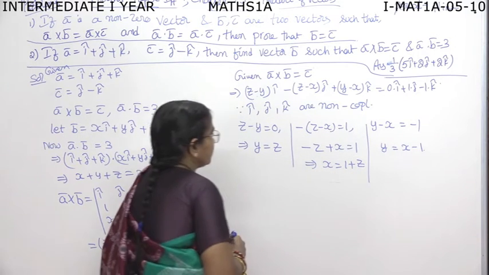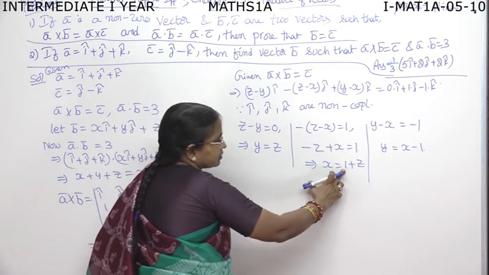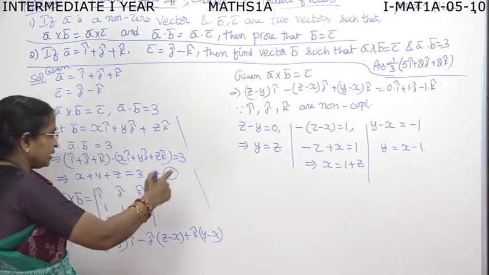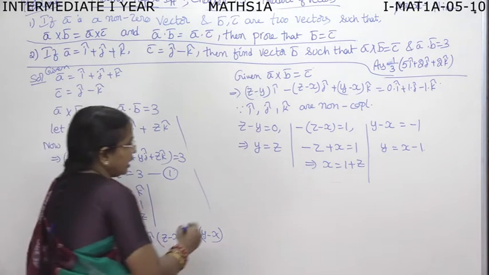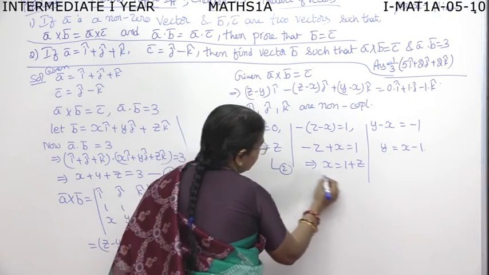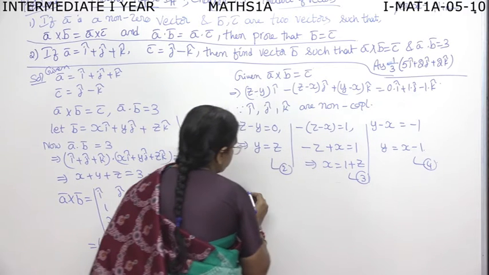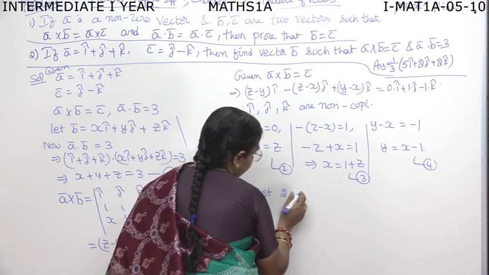Now you have y is equal to z and also x is 1 plus z. Both y and x are in terms of z. So I'll number these equations as 2, 3 and 4. Now we'll substitute 2 and 3.